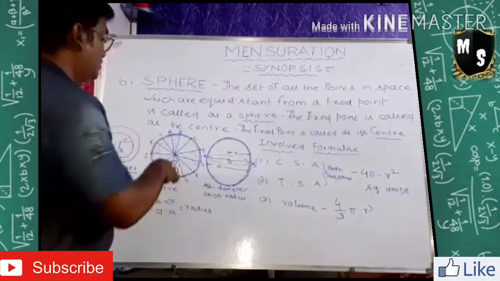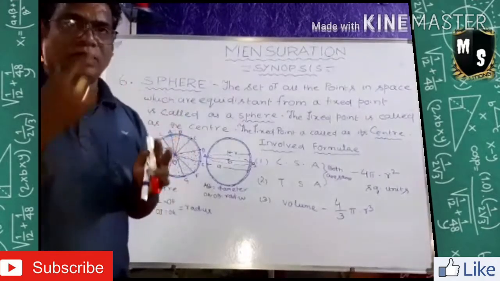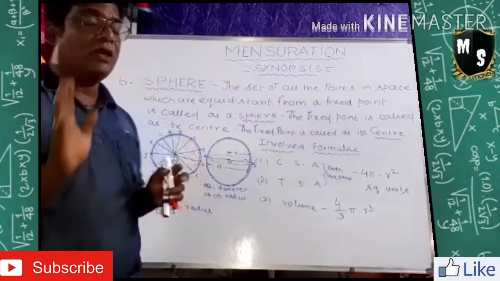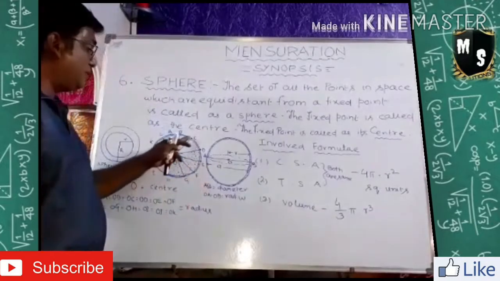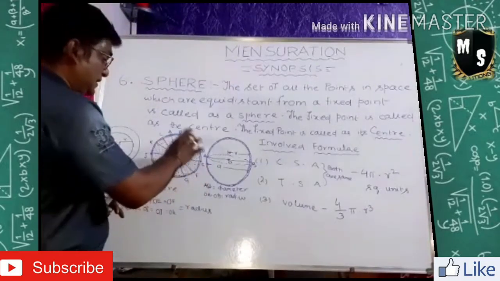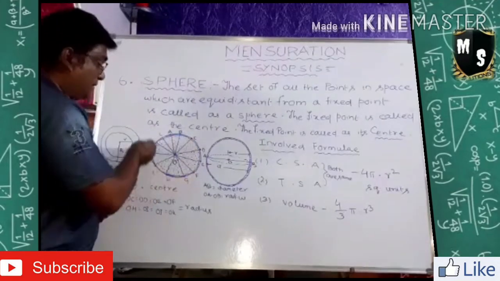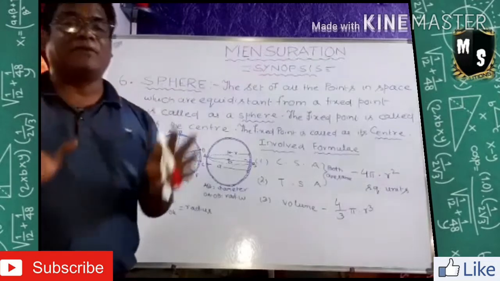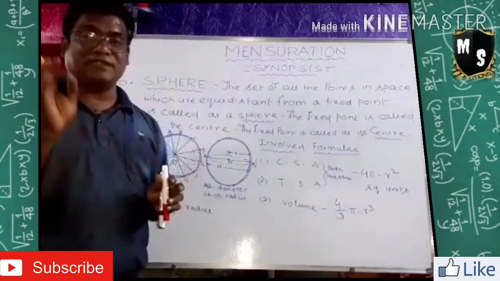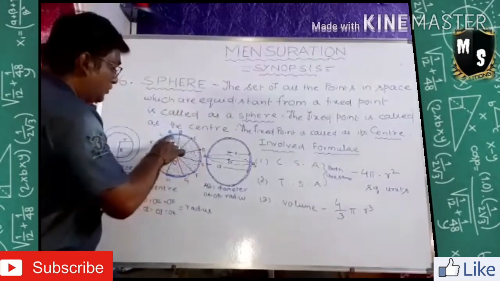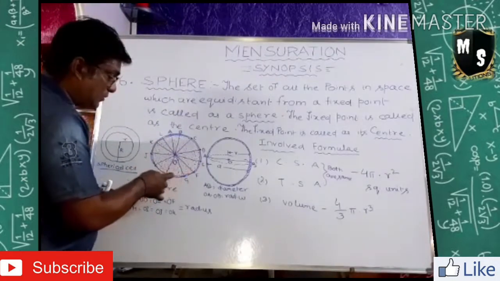If the distance between the fixed point and the points in space remains the same throughout, then when you join the lines, you are cutting the shape of a sphere. That is called a sphere. And the other line I showed you inside is for the thickness.